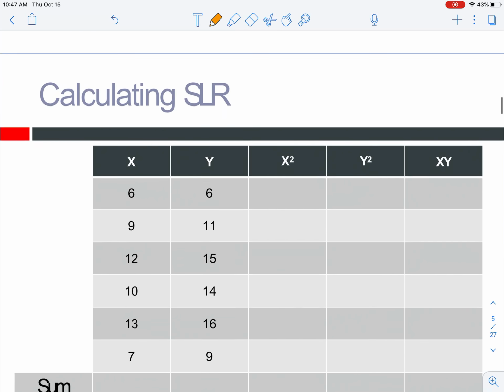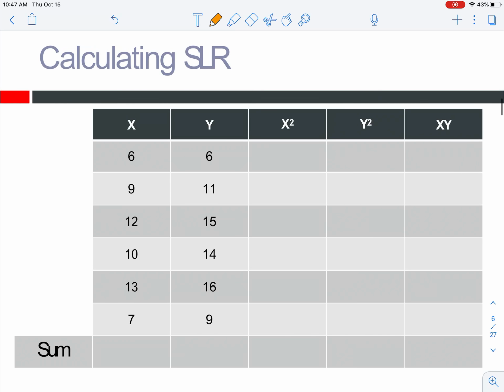So we're going to do this now. I'm going to give you a brand new data set. Feel free to pause and do these calculations on your own and then check your work against mine after you unpause. So once again, just like all other calculations in this course, you're going to be given this table, and you'll be able to calculate sum of x, sum of y, sum of x squared, sum of y squared, and sum of x and y.